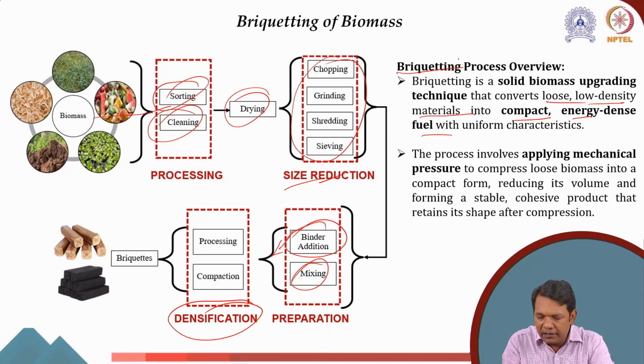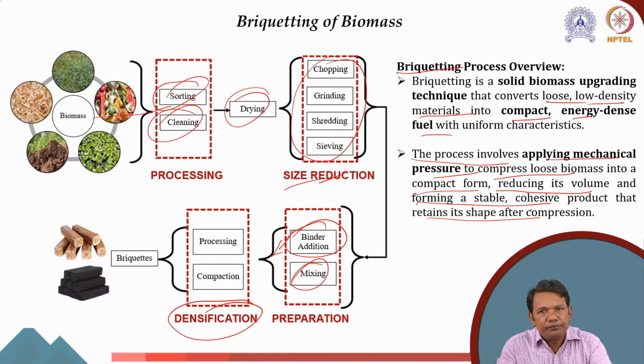Therefore, briquetting involves applying mechanical pressure to compress the loose biomass into a compact form. And when we compact the loose biomass, we are reducing its volume and forming a stable, cohesive product that retains its shape after the compression.